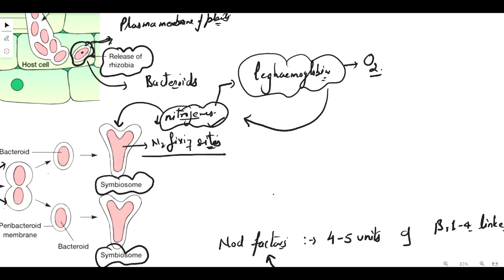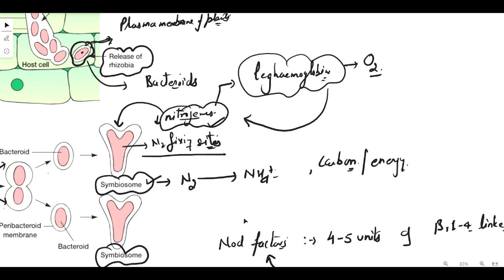Apart from that, symbiosomes, as I said, are the nitrogen fixing sites. Here they convert atmospheric nitrogen into the ammonia form, and in return, these microbes provide newly formed amino acids to the plants, and in return they take carbon and energy for their survival.